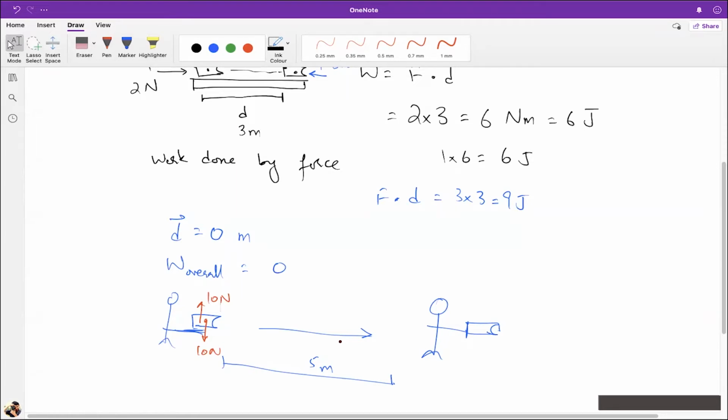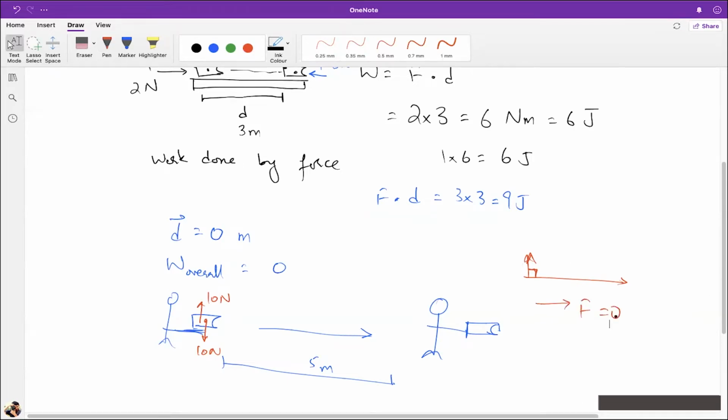Question is, has the student done any work on the book? Force is not parallel to the displacement. Yes, that is true. The force is upwards and the displacement is towards the right. So that's a 90-degree thing. That means no work done, because the parallel force is 0.